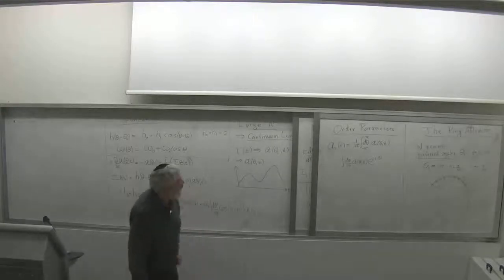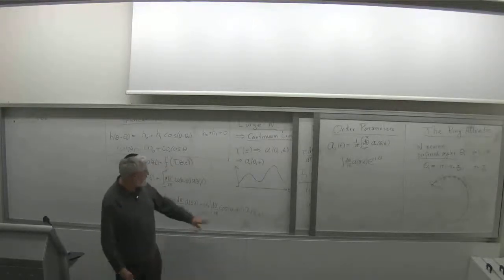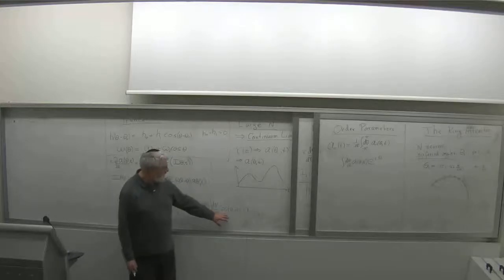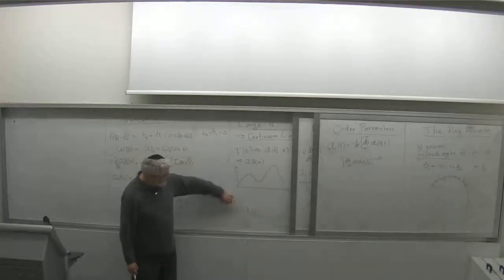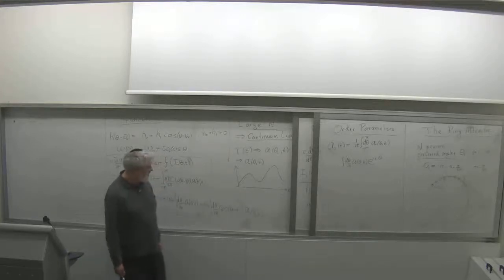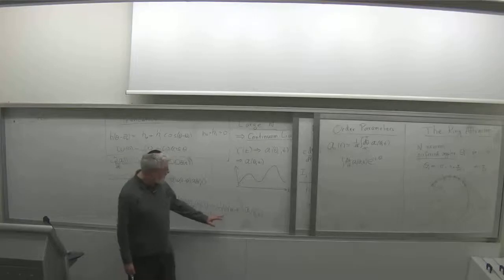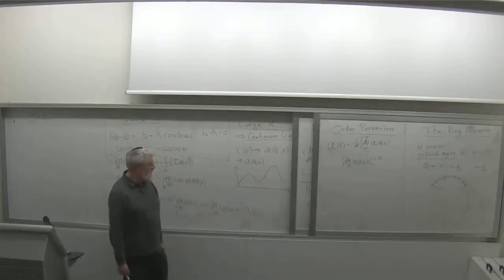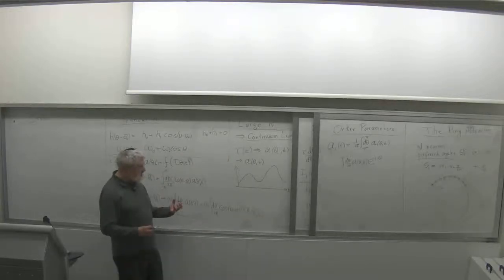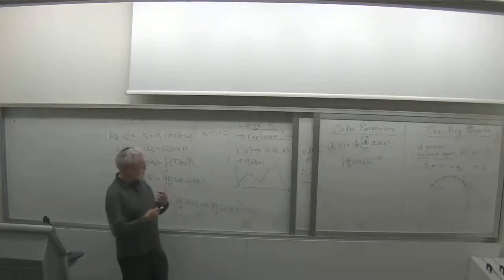Why do I do this? Because the way to deal with this is to expand the cosine of the difference into cosine, cosine, and sine, sine, using the trigonometric relation, and then relate this to the Fourier transform of A. But there will be a contribution from the cosine and a contribution from the sine, which means that in terms of the complex Fourier transform, there will be a phase.